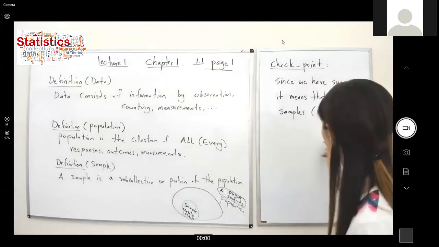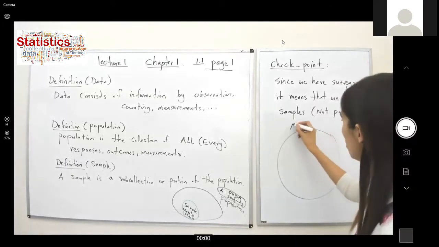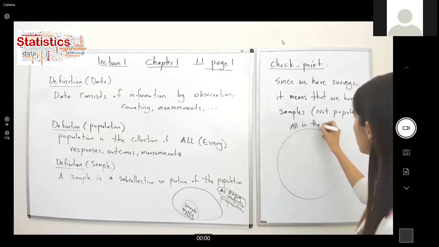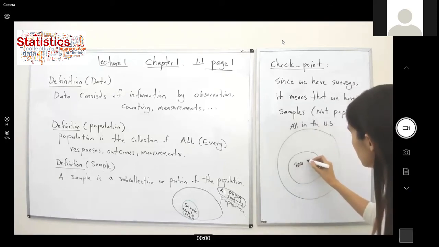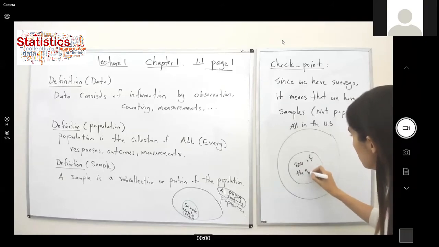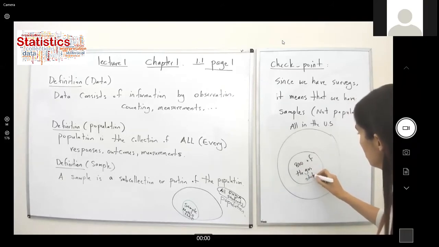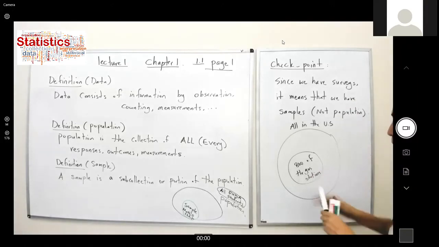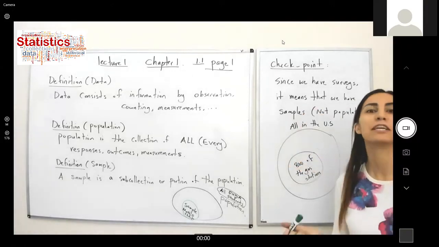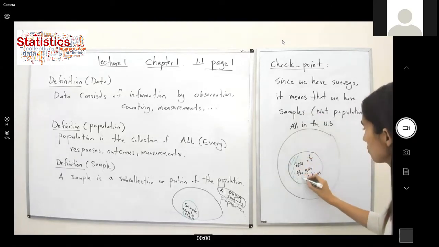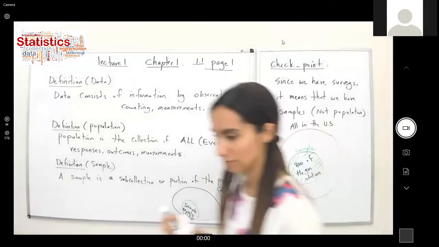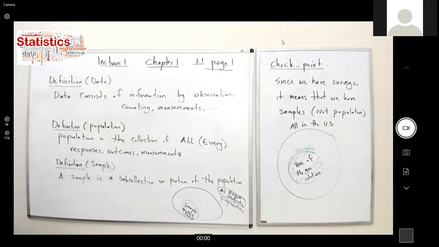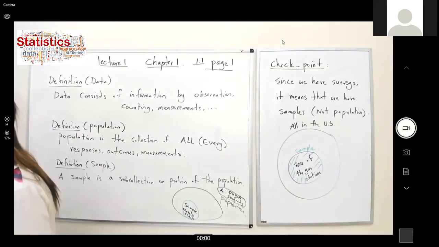So this is your population, all gas stations in the US. The 800 gas stations, a portion of all of them in the United States, is your sample. As we mentioned, the data in the sample consists of average price.